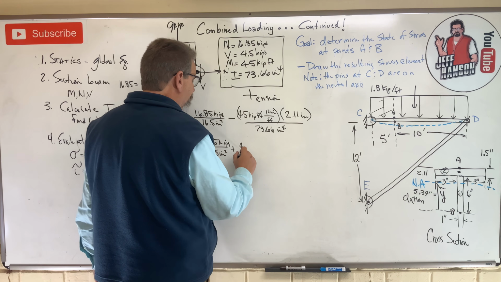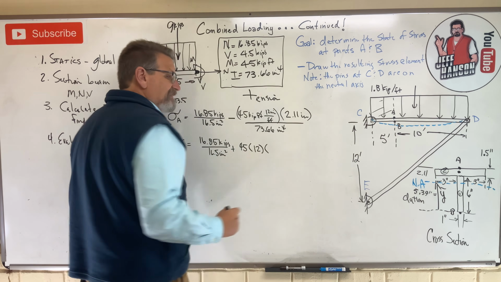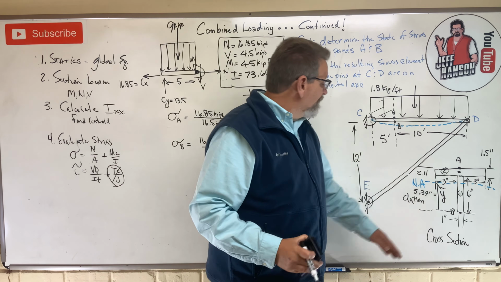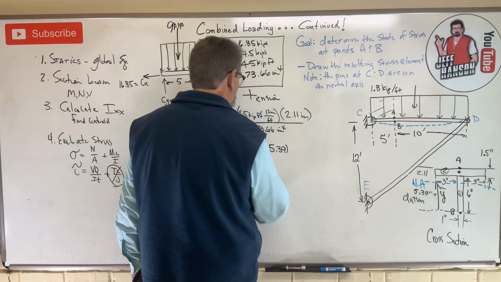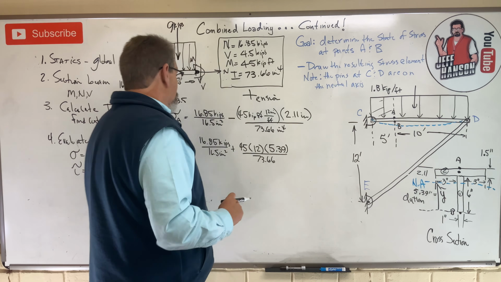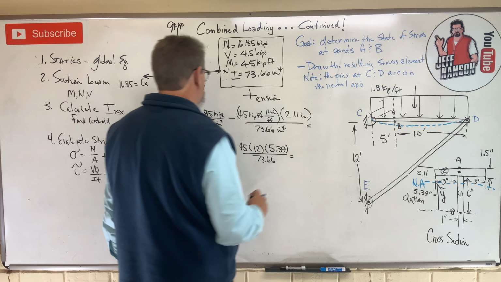Okay? So he's 45 times 12. But what's his distance from the neutral axis to the point of interest? So from the neutral axis to him, 5.39. Divided by I, 73.66.